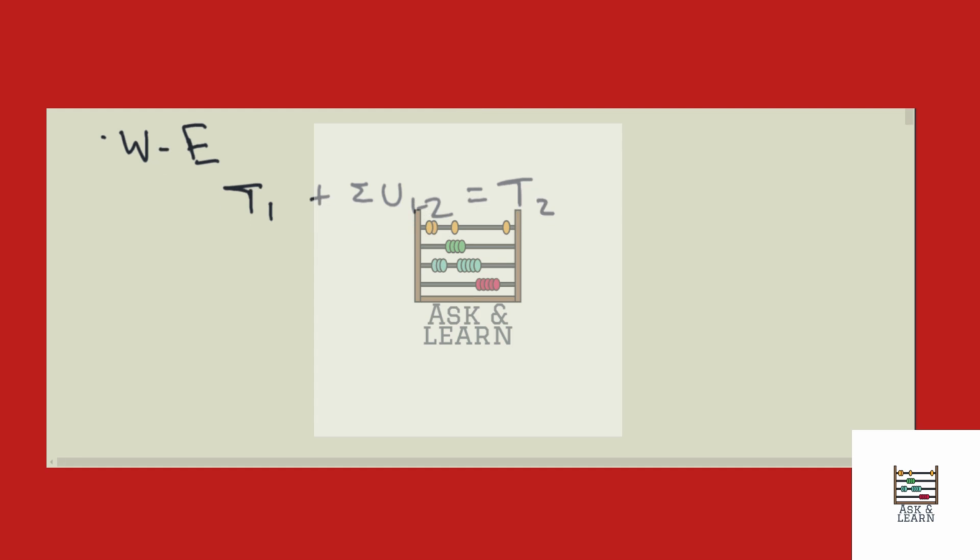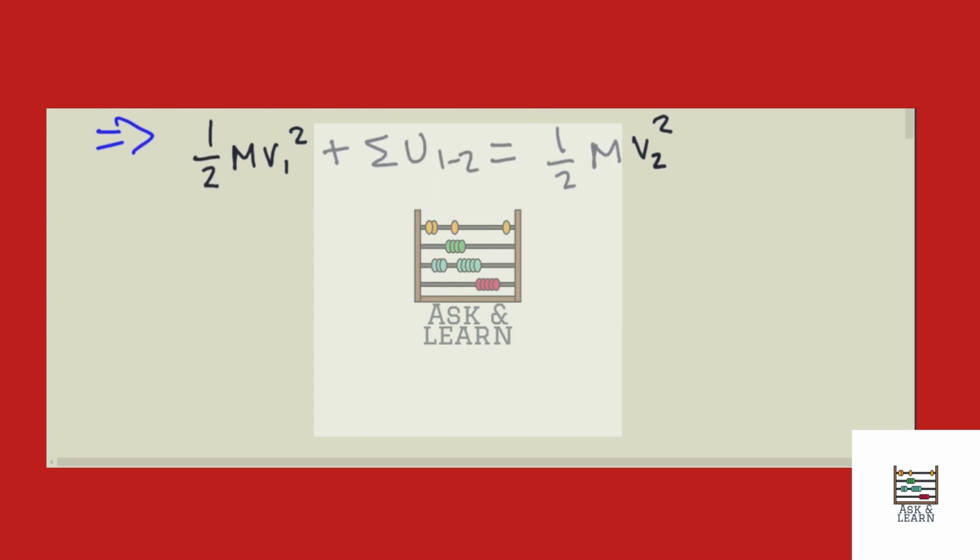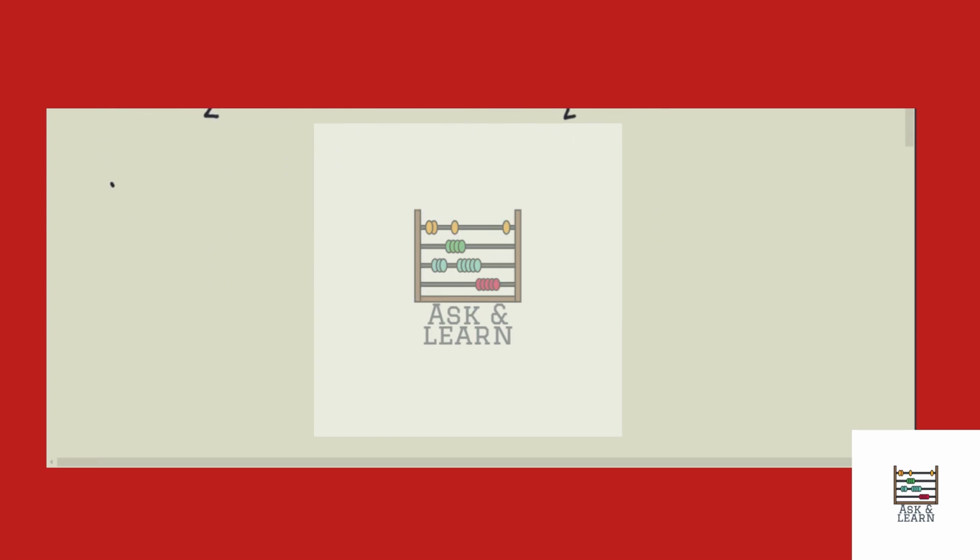Now let's expand this a little bit. The initial kinetic energy is 1/2 m v1 squared, plus, and let's just leave the work alone for a second, is equal to the final kinetic energy, which is 1/2 m v2 squared.